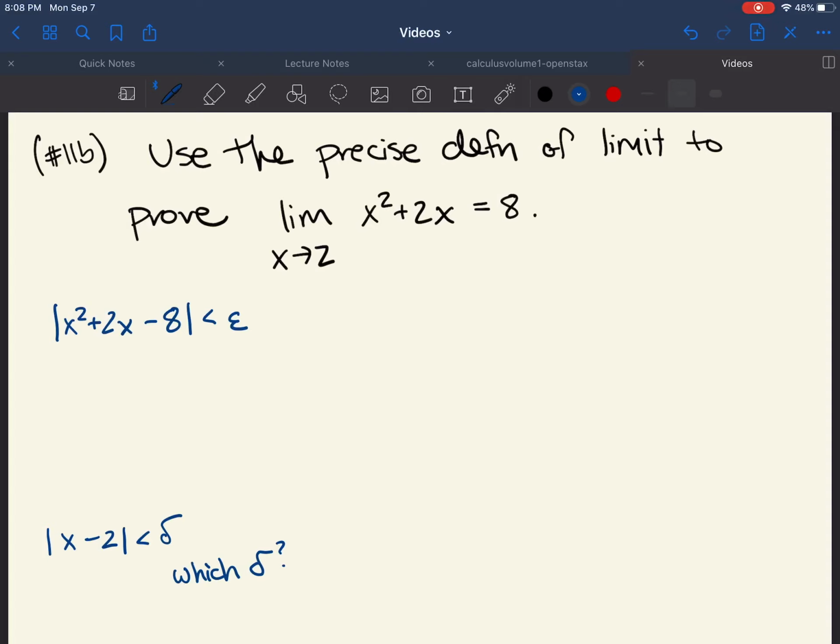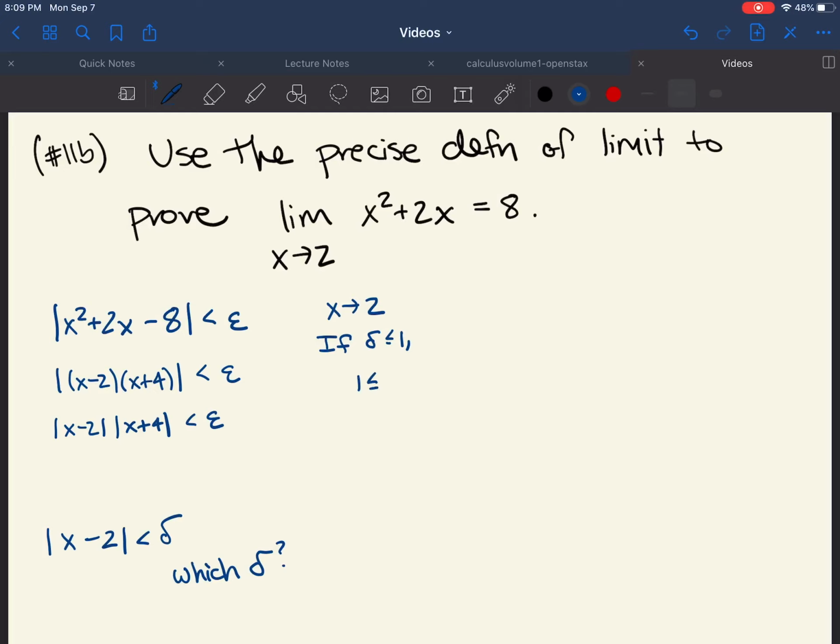So you might notice that this quadratic factors as (x - 2)(x + 4), okay? And with the absolute values, we can even separate this. Now, because x is approaching 2, if delta is small, in particular, if we choose delta to be at most 1, what we'll have is our x values that we're plugging in close to 2, right?